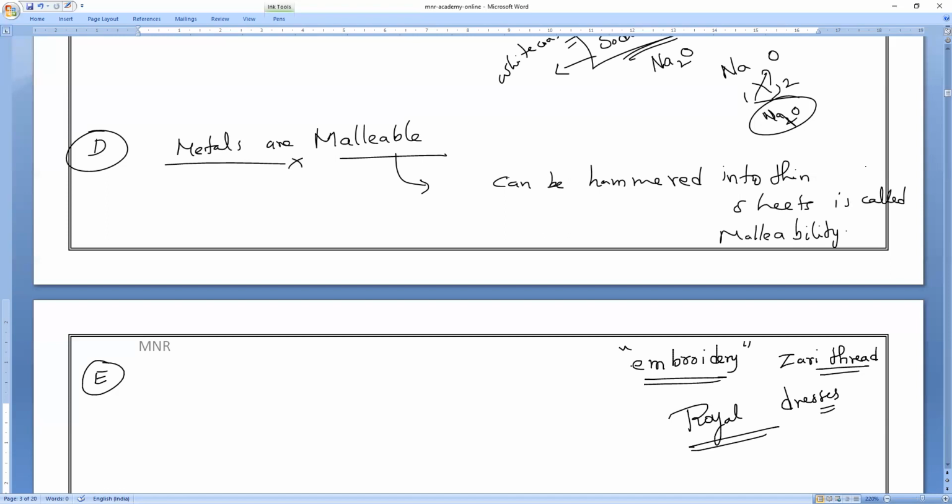Sherwani, I don't know the exact name. Everywhere, these royal dresses have embroidery work with jari thread. So this jari thread, what is it made of? Can anybody tell? Silver, yes, and mostly even gold also, as Sharwan is saying.